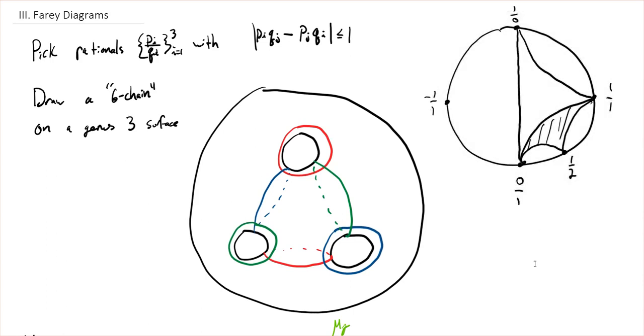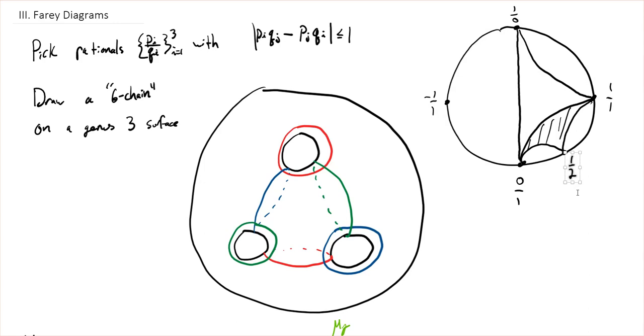And in any case, if you take 2 of these initial points on this circle, and you add the numerators and denominators, that'll give you another rational number. And all 3 of these give you a Farey triple, which satisfies the condition that we desire.